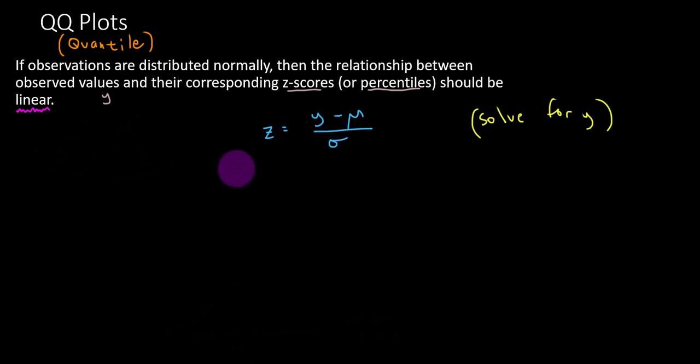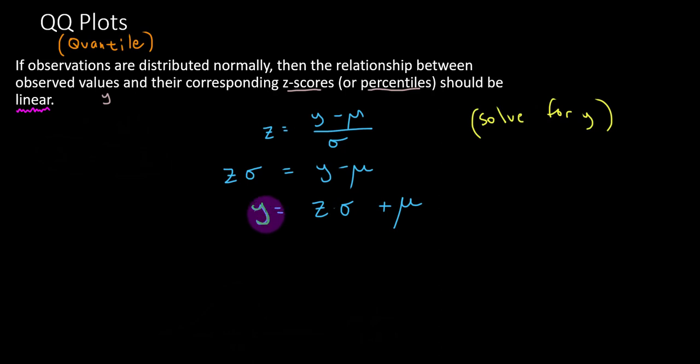Solving for y, I need to multiply both sides by sigma. This gives me y minus mu on the right. We're only one step away to get y equals z times sigma plus mu. Okay, linear. The relationship between the y values and the z-scores should be linear.